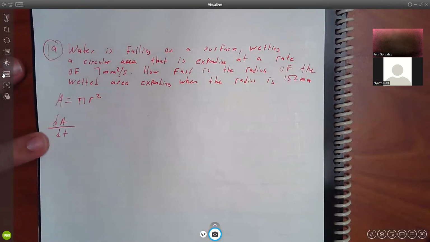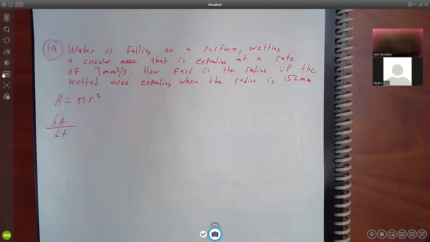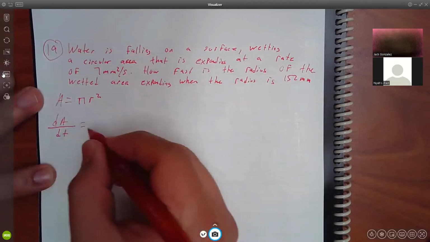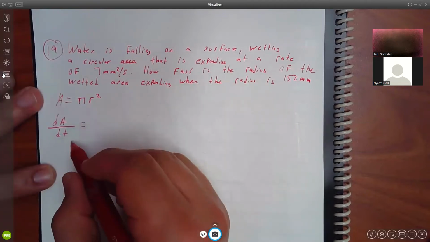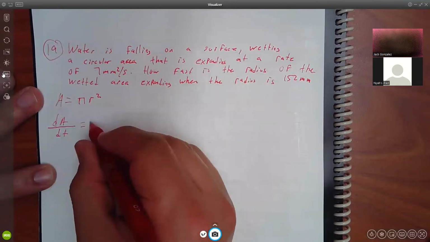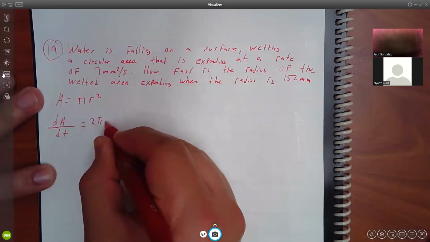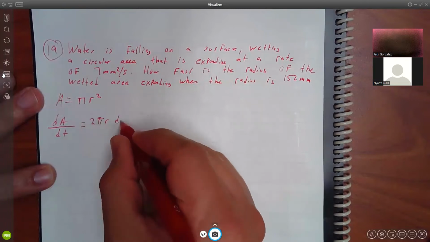dA/dt. Implicitly, well, there's no real other variable, but it will be implicit because it's with respect to time, right? We'll get 2 pi r dr/dt.